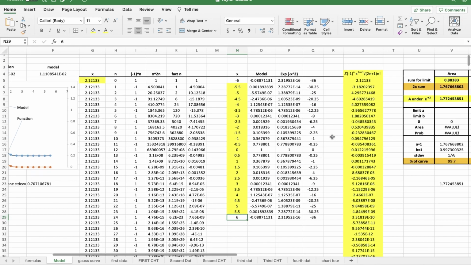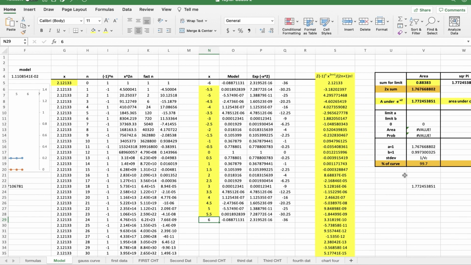The only thing here is that you really don't need to carry that model out too far, because remember, the area under the curve from negative infinity to plus infinity for the Gaussian is the square root of pi, which is 1.77. And in our situation where b is 0, c is 1 over the square root of 2, and a is 1, the standard deviation for the curve is 1 over the square root of 2.